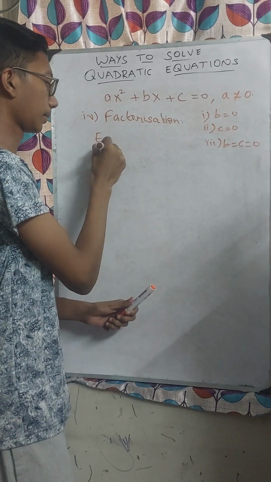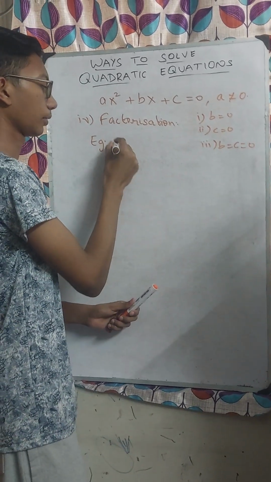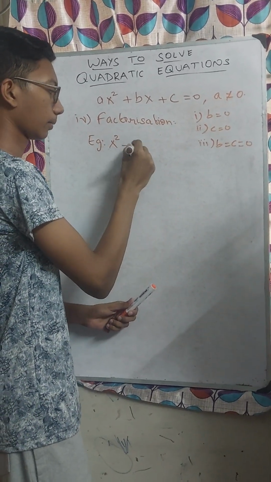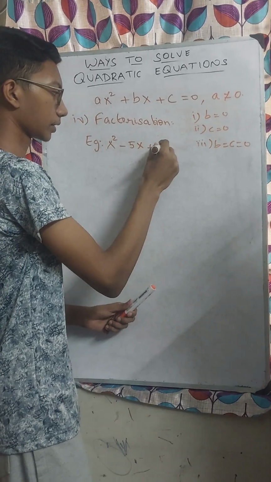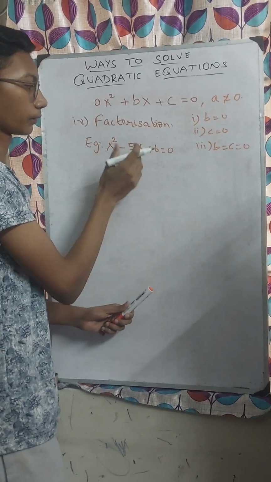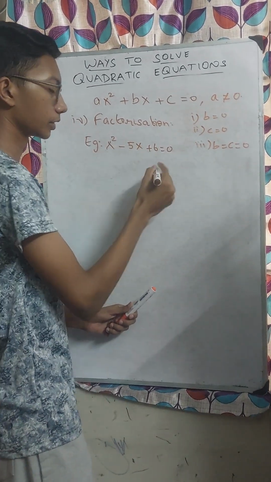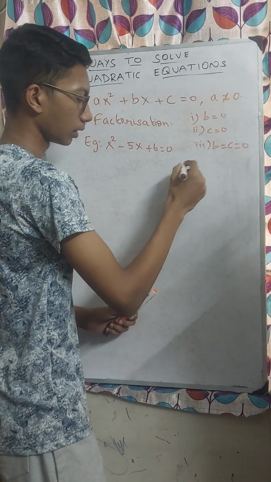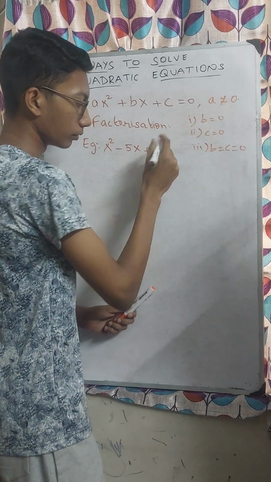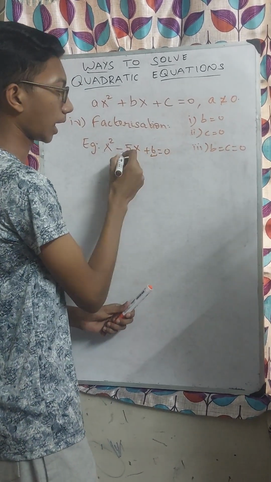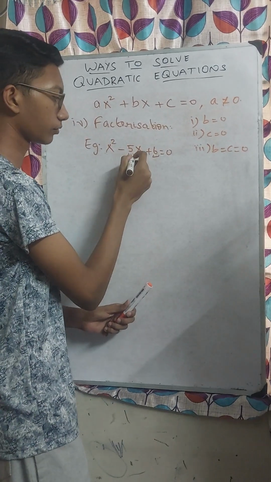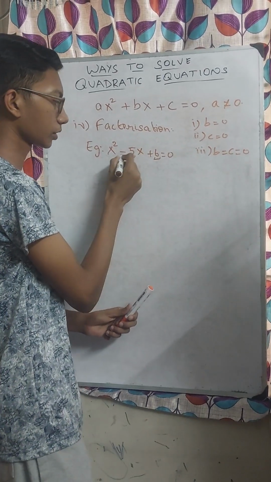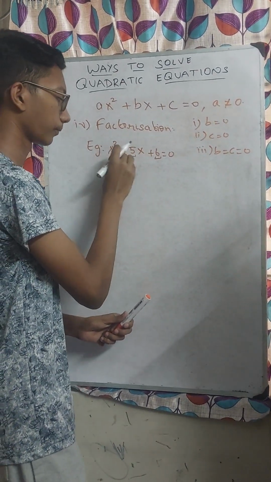Let's get an example. Let's say we have an equation like x square minus 5x plus 6 equals 0. The way we need to factorize this is, we need to get two numbers that multiply to get 6, and if we add those two numbers, we should get minus 5. Notice this minus here, don't leave that.